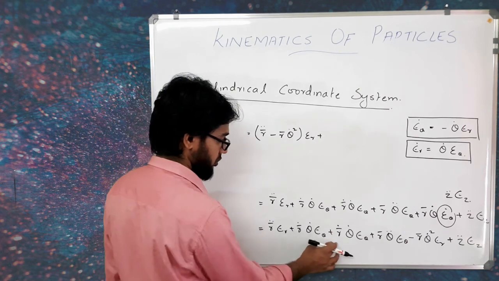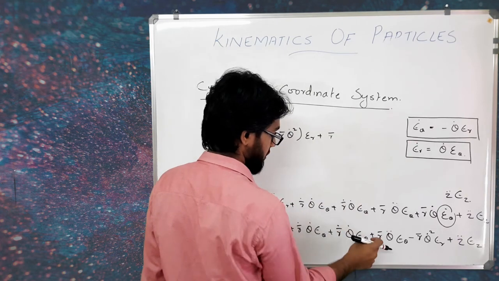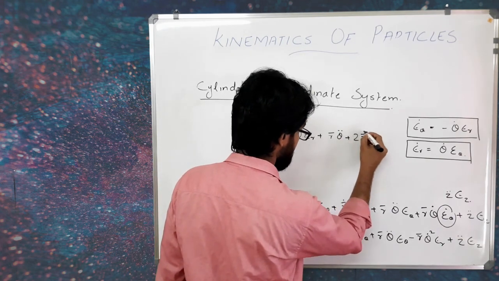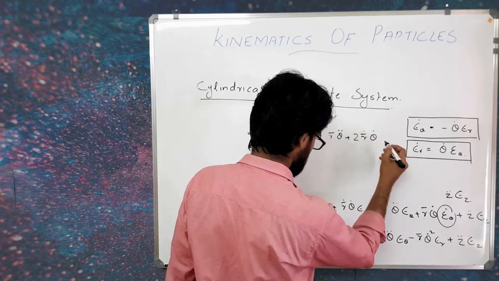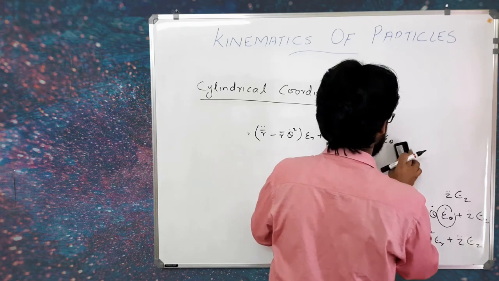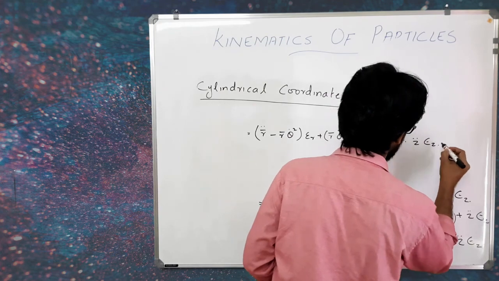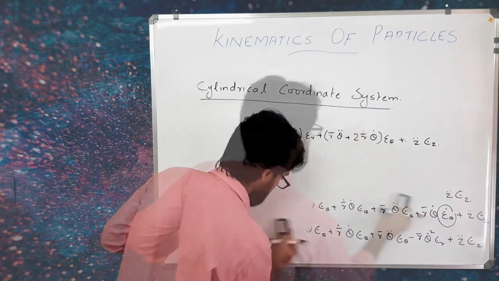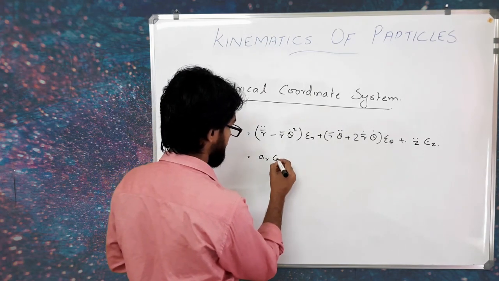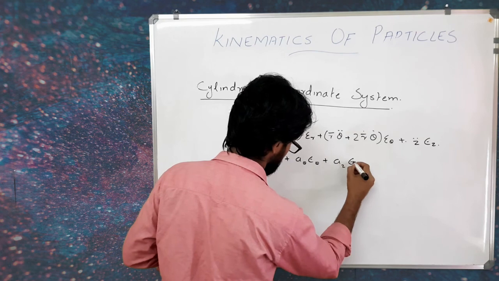Okay, so I have these two parts plus this corresponding that. So I can write this as r' theta double dot plus 2 r' dot theta dot epsilon theta plus z double dot epsilon z, which is equal to ar into epsilon r plus a theta into epsilon theta plus az into epsilon z.